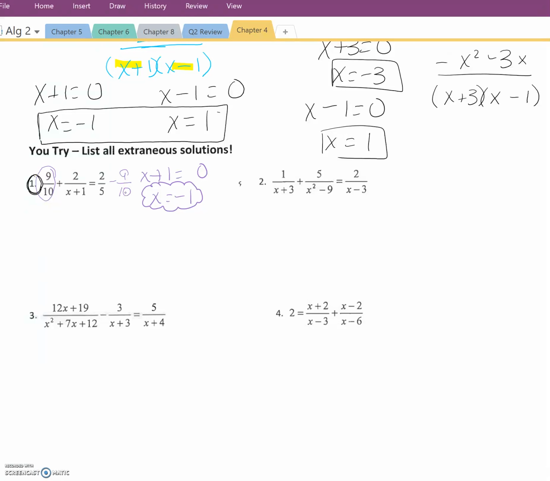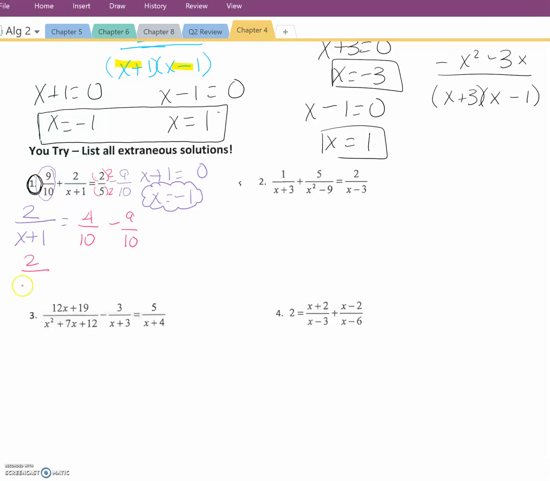You could do this very easily because they're all numbers. There are no variables. So if I subtract this, let me rewrite this first. I'd have to make a common denominator of 10, so I'd have to multiply this 5 times 2 and the 2 times 2. 2 times 2 is 4/10 and minus 9/10.